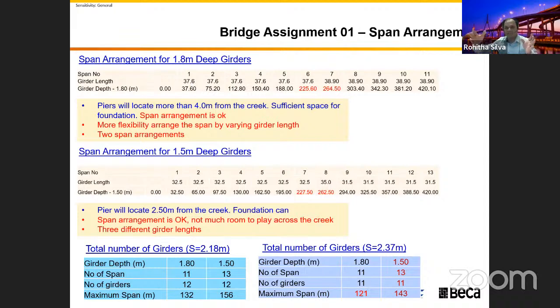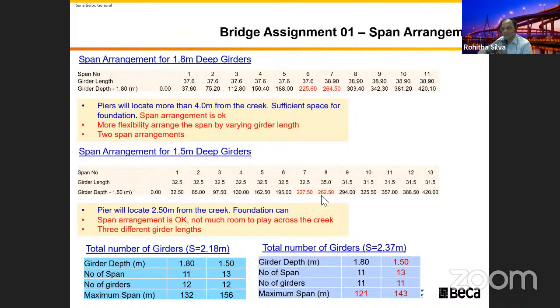There are only 2 types of girders I have, lengthwise. You see, you are multiplying this number. There are 1, 2, 3, 4, 6. 6 into 11 or 12, then you get that number, because every span we have 11 or 12 girders. So then the 1.8 meter solution is fixed, right?